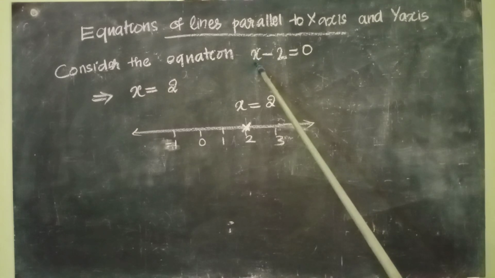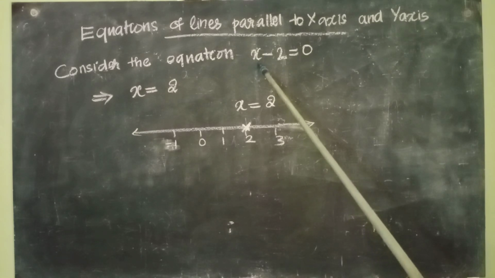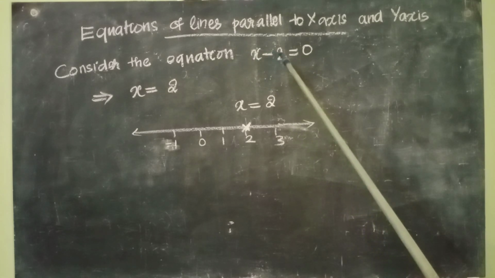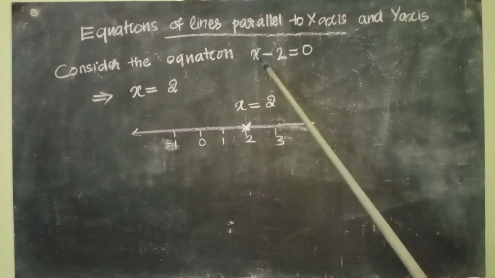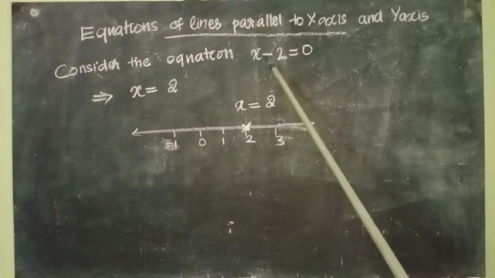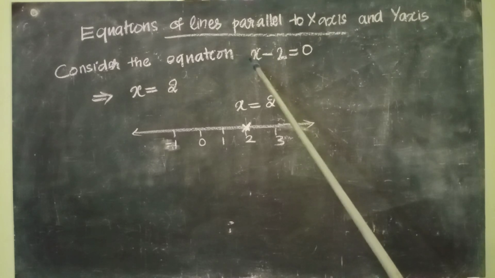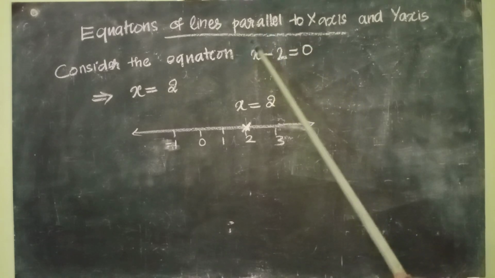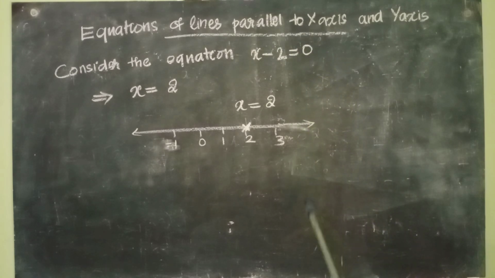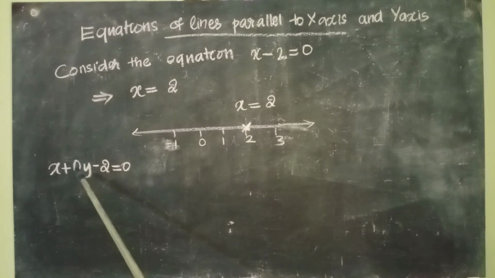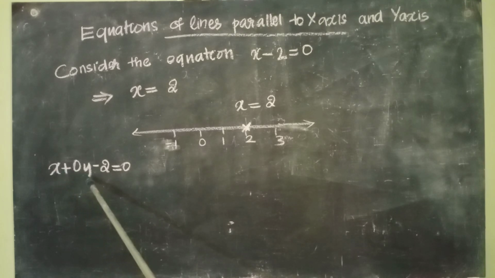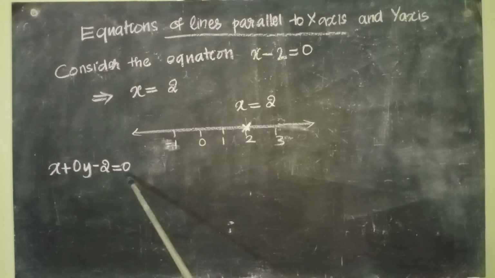Here the ax part you can see, c also you can see, but the by part, the term with the variable y, is missing. So we can write 0y there and change this equation into a linear equation in two variables. So we write the same equation in the form of a linear equation in two variables: x plus 0y minus 2 equal to 0.